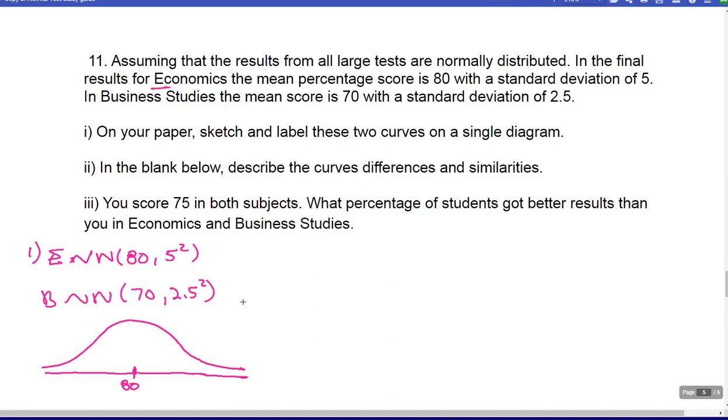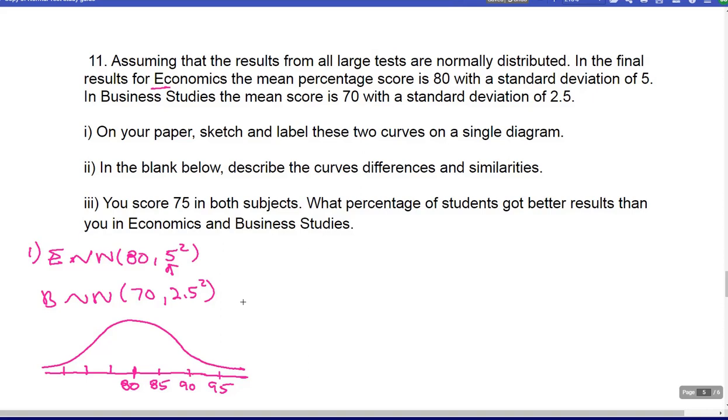What's a standard deviation? 5. So I'm going to do 1, 2, 3. Are you with me on that? Yeah. And this number is going to be 85, 90, 95, right? And then I'm going to do 1, 2, 3. They should be roughly equally spaced, but it won't have to be perfect, okay?